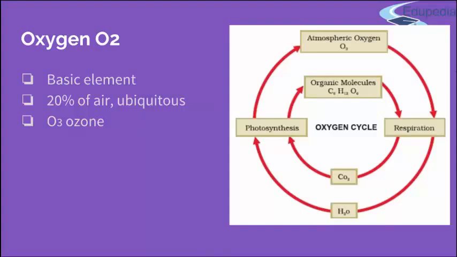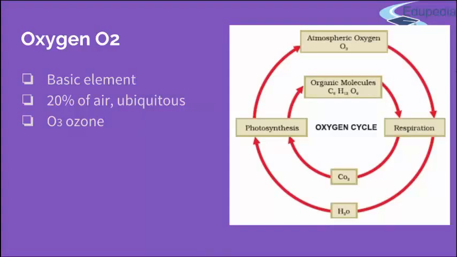In addition to making up about 20% of the atmosphere, oxygen is ubiquitous. In the early evolution of the Earth, oxygen is believed to have been released from water vapor and UV radiation, and accumulated in the atmosphere as the hydrogen escaped Earth's gravity.